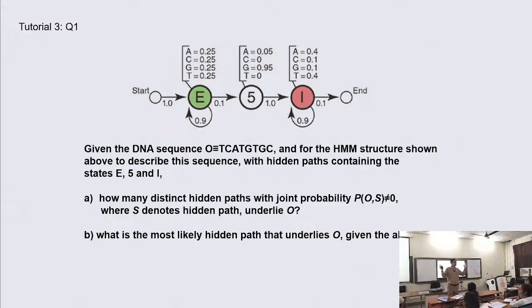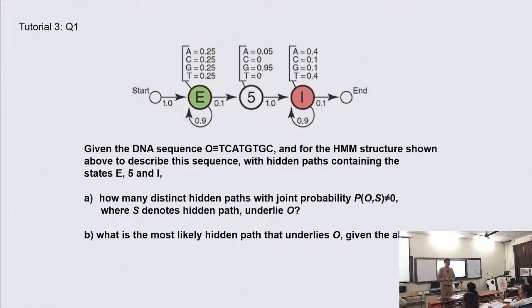So there are three paths. In one, 5 is here. This is the boundary, and to the left of the boundary these two are exonic, and to the right are intronic. Then the second one has this G as the boundary, with exonic to the left and intronic to the right. So you have three paths.